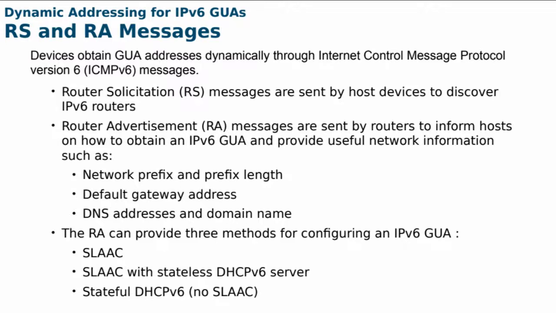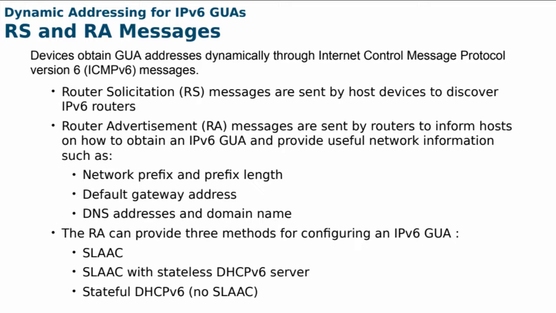We have also some other messages for dynamic. Now, we just talked about static addressing, and manual addressing. Now, we have dynamic addressing. The devices obtain their addresses dynamically through Internet Control Message Protocol, which is ICMP version 6.